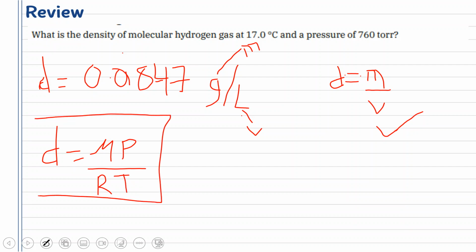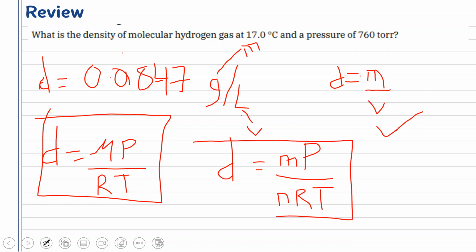That's formula 1 for gas density. Formula 2 is the mass of the gas multiplied by the pressure of the gas divided by the moles of the gas multiplied by the gas constant multiplied by the temperature. These are the two formulas we derived last time, and we applied them.